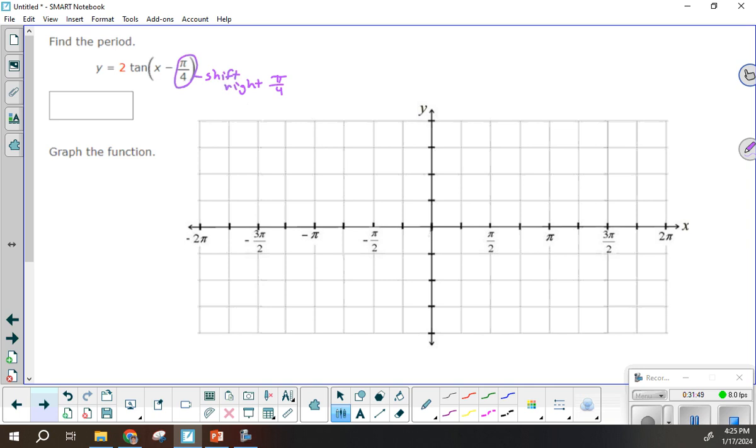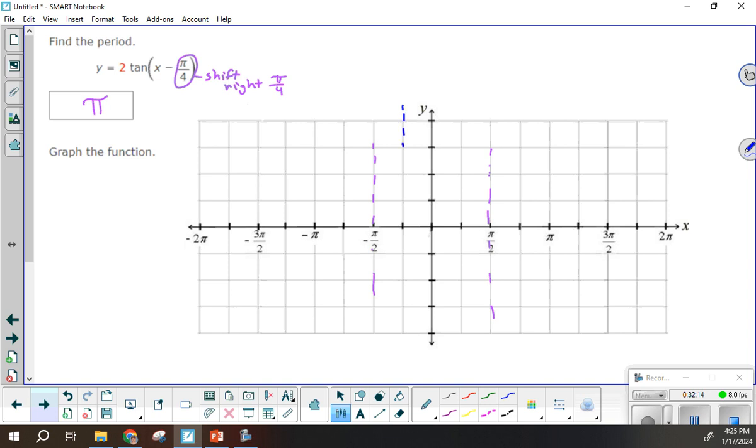So since k equals 0, the period on tangent and cotangent is just pi. So first of all, if you remember, regular tangent goes from -pi/2 to +pi/2, generally. Now, we shifted right pi/4.